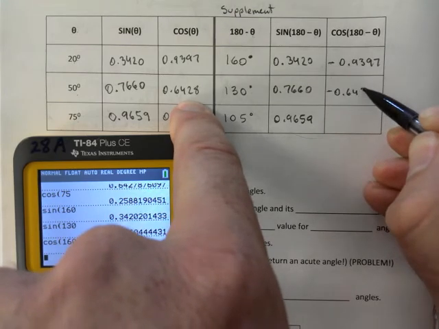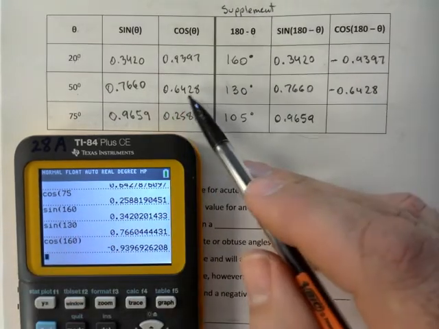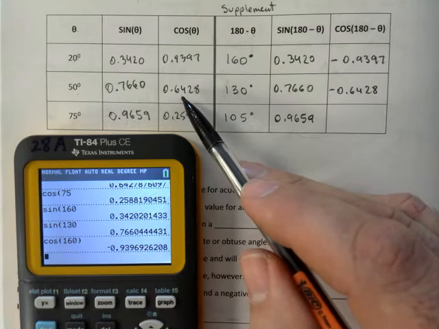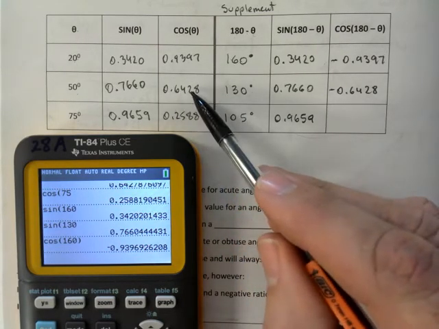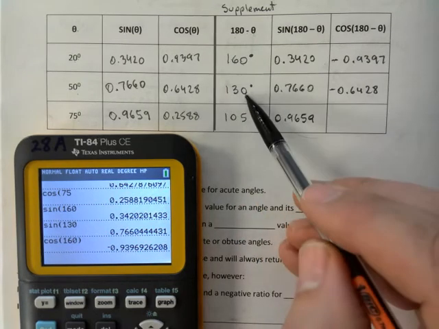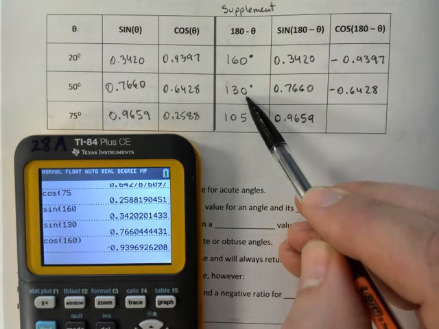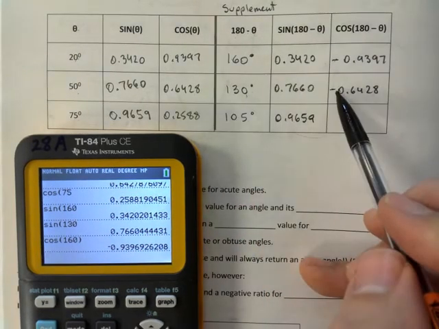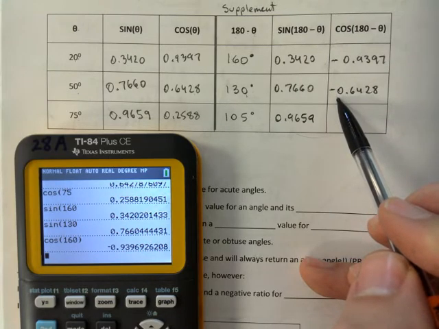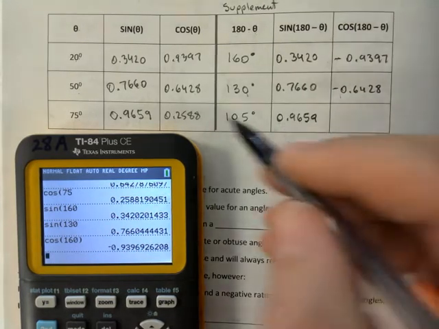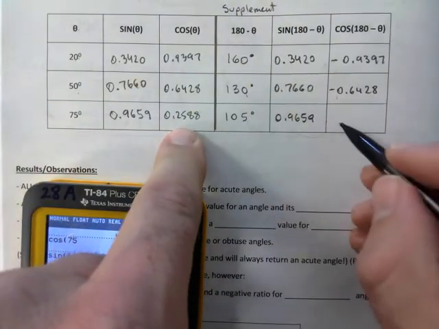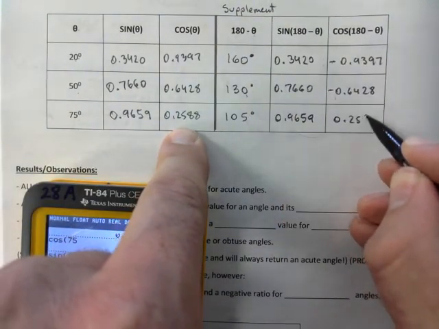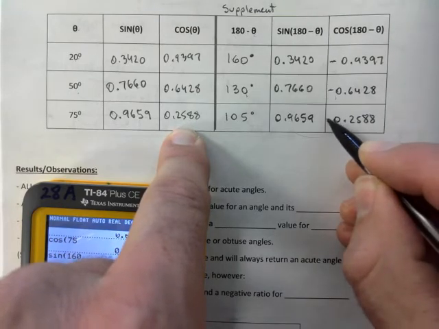So if I ever say, hey, cosine of an angle that is acute is this, can you predict what the cosine of its supplement would be? And the answer would be, yep, it's the same value, it's just negative, right? You should know that. So cosine of 105, I'm going to copy its supplement, that value, but I'm going to make sure there's a negative in front of it, right?